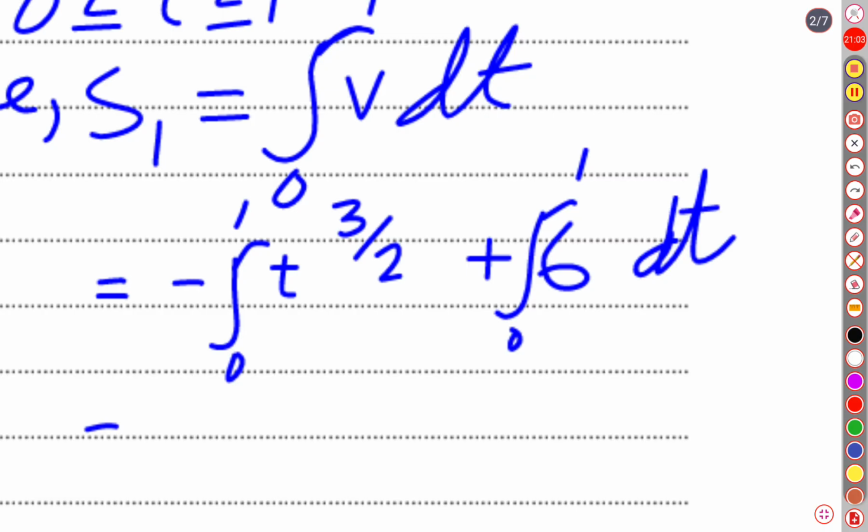So if we integrate this, what is it going to be? If we add 1 to the exponent, it is going to be 5 over 2. So negative, 5 over 2 will be made reciprocal, that is 2 over 5.